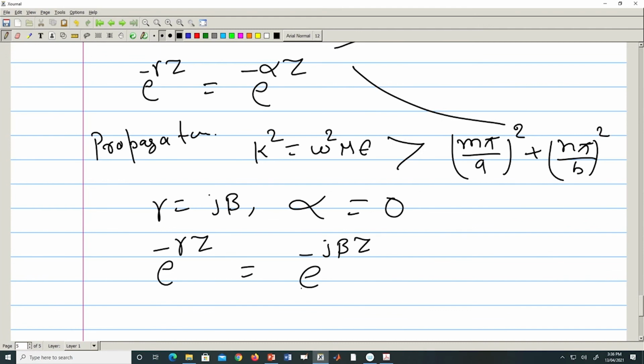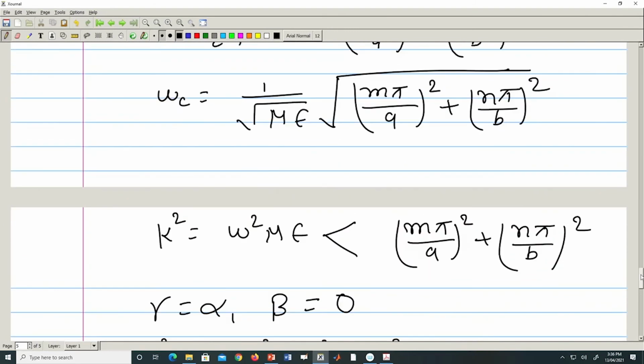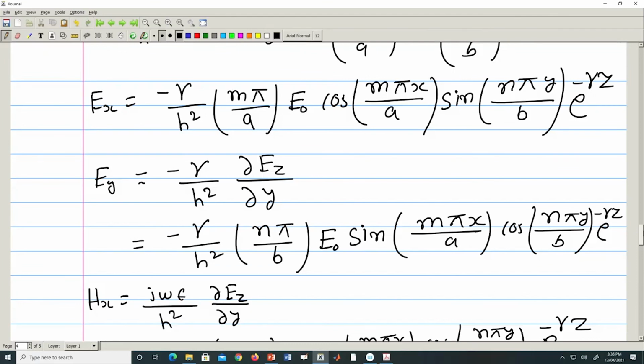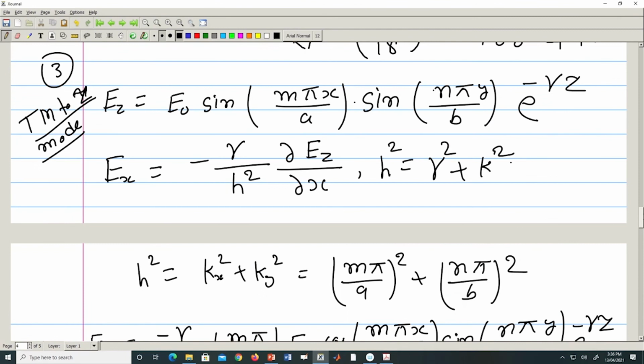Similarly, this is for the TM to Z mode, we will compute the power flow for this TM to Z mode, and we will do the third problem. And similarly, for the TE to Z mode, this can also be written.